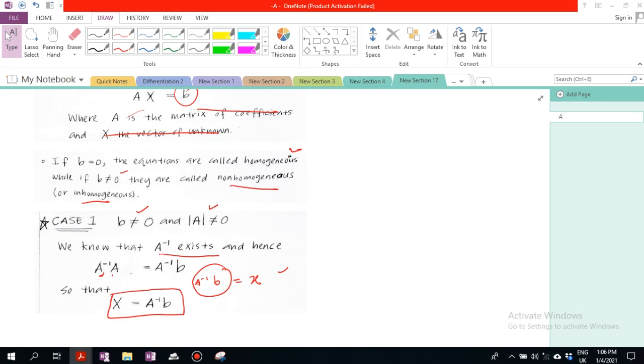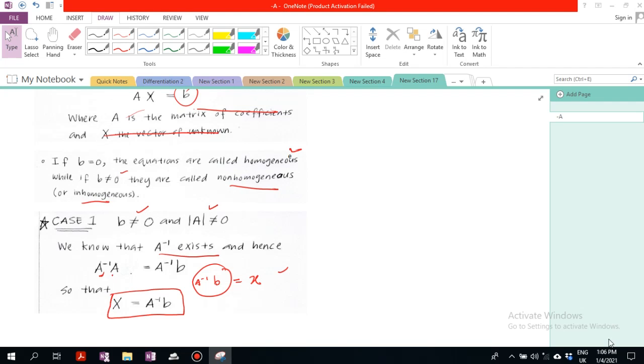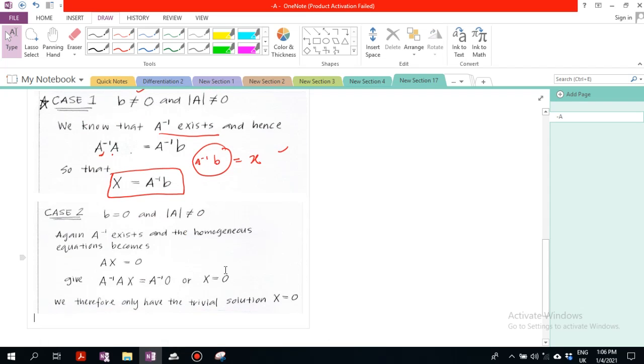Okay, we go for case number 2. The rule is when b is equal to 0 but your determinant is not 0, so we know the inverse of A exists.